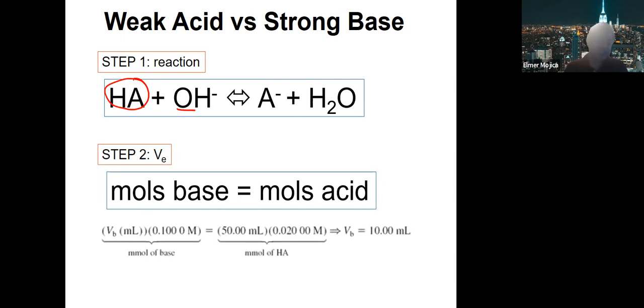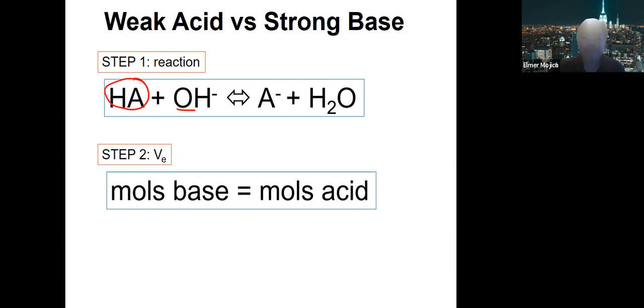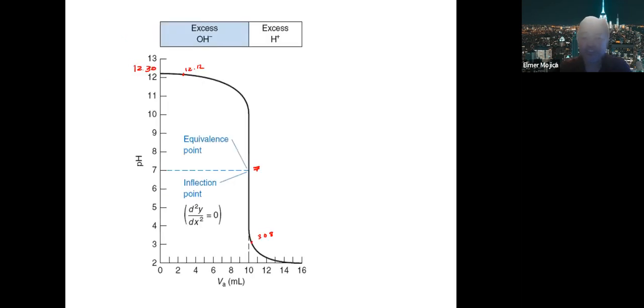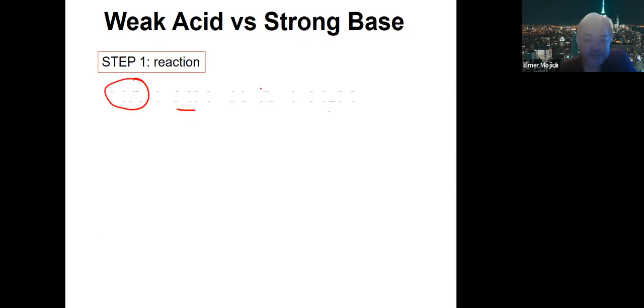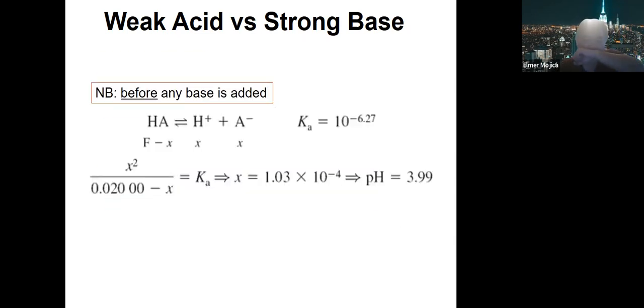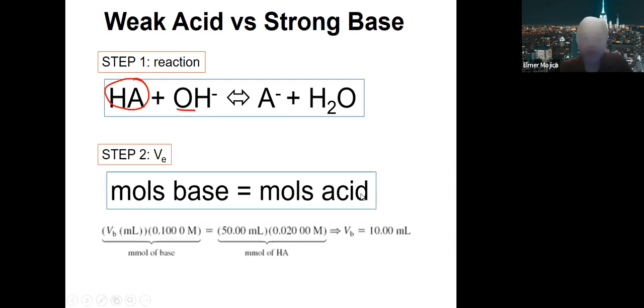This is just the classic C1V1 equals C2V2. This is the same condition as the strong acid, strong base: you have 50 ml of 0.020 NaOH earlier with 0.1 HBr. So the same thing here, the amount of your base is just equal to 10 ml.